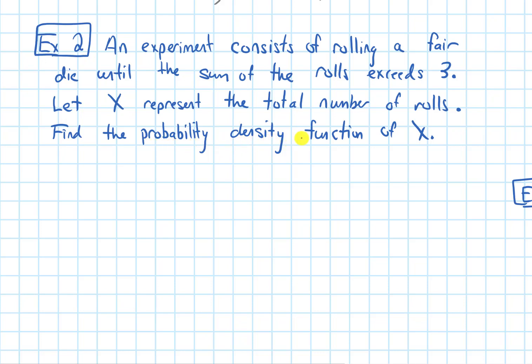Find the probability density function of x. Okay, so I want to begin by just noting that this means we need to write the probability of each value of x, of each thing that x can be.